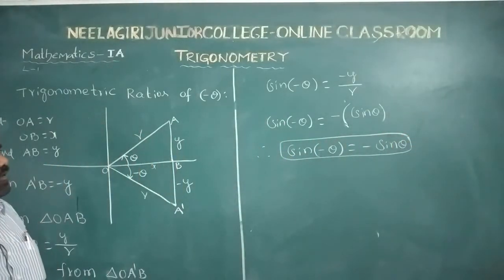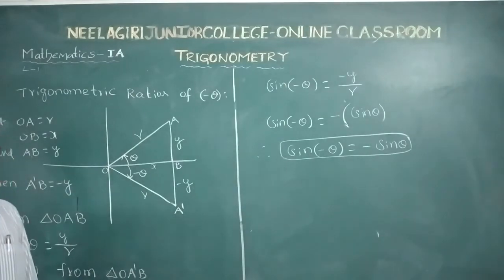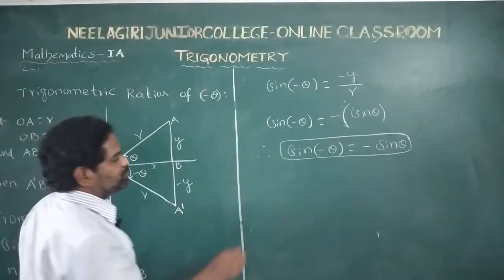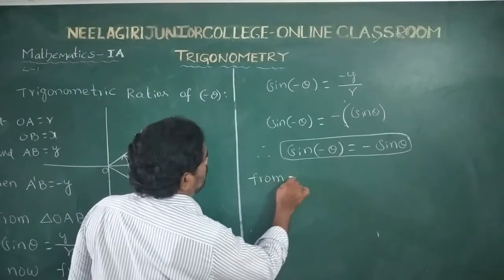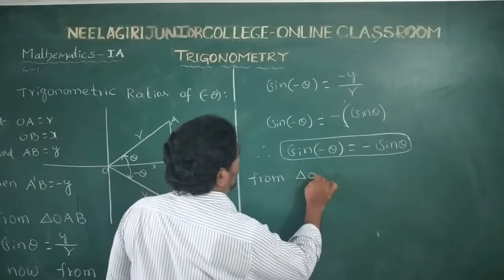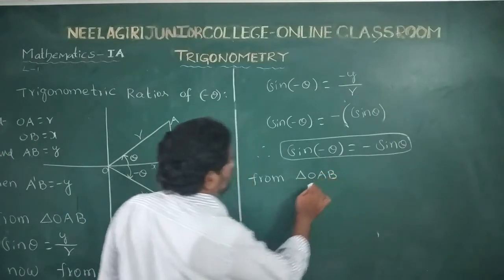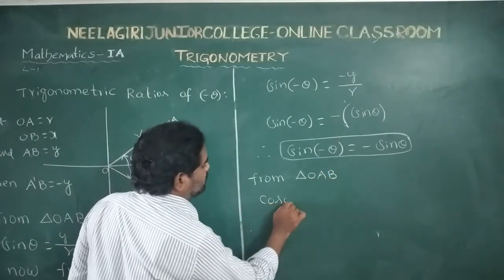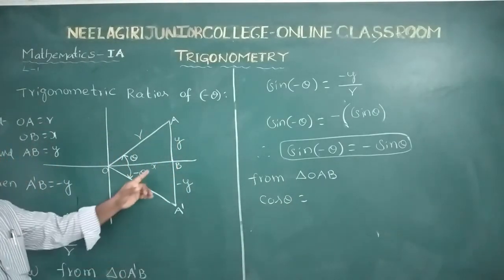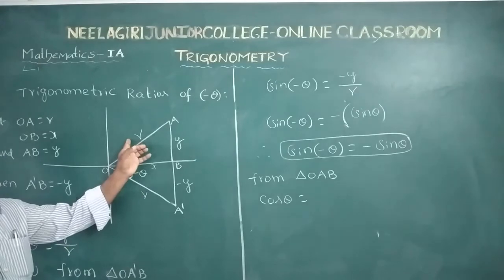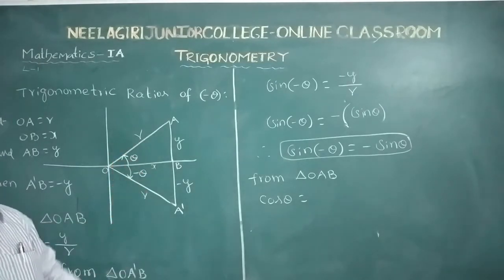Let us see what about cos theta. Again from triangle OAB, cos theta equals adjacent side by hypotenuse according to the definition of cos.